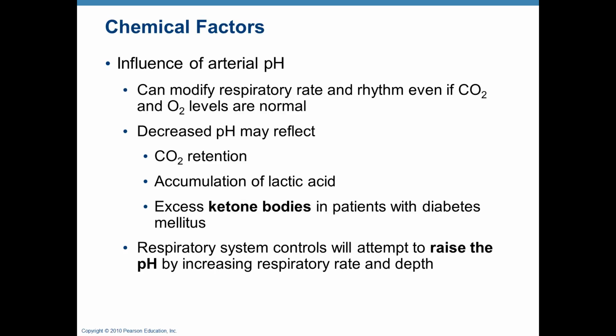So that can happen in diabetes mellitus patients. And then again, another way to compensate, if your body fluids have low pH because you're producing these ketone molecules as wastes, is to breathe more rapidly and more deeply to exhale out more CO2. That'll help raise your pH back up.